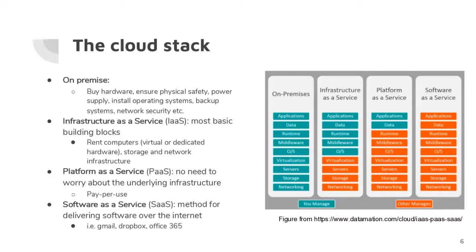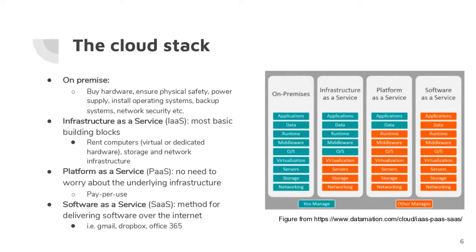So the cloud stack. There are basically 4 types of services, and we call that the cloud stack. The first type of service is on-premise. Actually that's not in the cloud. You can say you make your own private clouds in an organization, but what you do there is you really buy the hardware, you buy the router, you connect network cables between all your servers, maybe in a server rack.